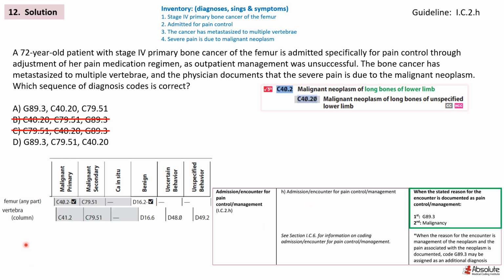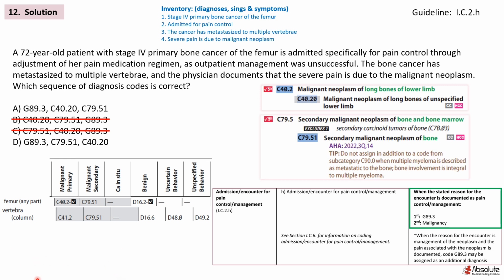And then if you keep going down that list until you get to vertebra in the neoplasm table, you have your primary, your secondary. This tells us C79.51 is the malignancy code for secondary malignancy of the vertebra. So we are going to look at C79.51, which is secondary malignant neoplasm of the bone. So these definitely align with our encounter here.